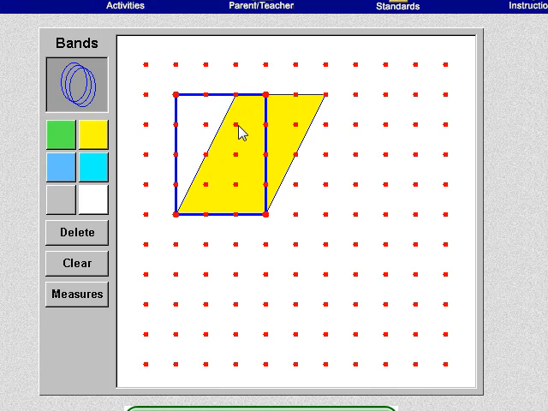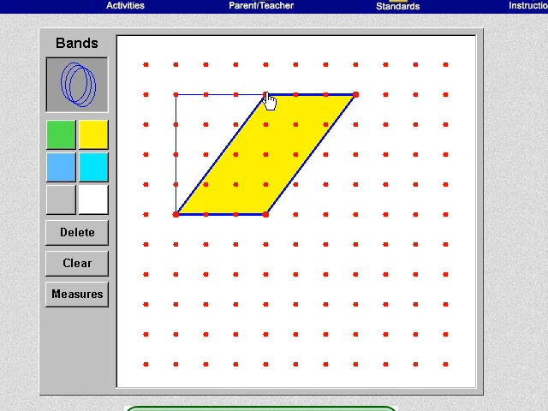Now I showed you in class, if you were to take this bit here that's outside, cut it and slide it over, it would fit perfectly in there. In other words, this rectangle is the same area, it has to be, as this parallelogram. And it's the same as this parallelogram. If I were to cut along here and slide this over here, it would fill that rectangle.